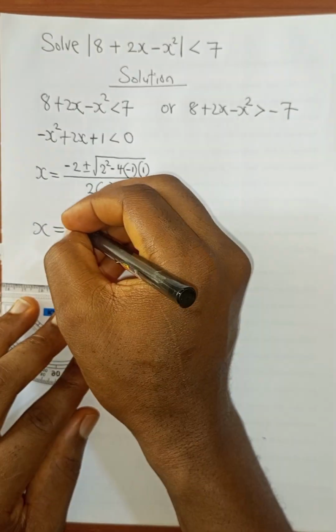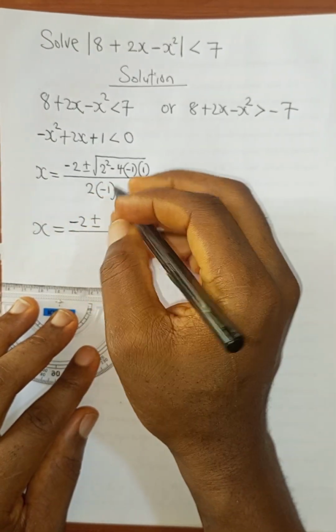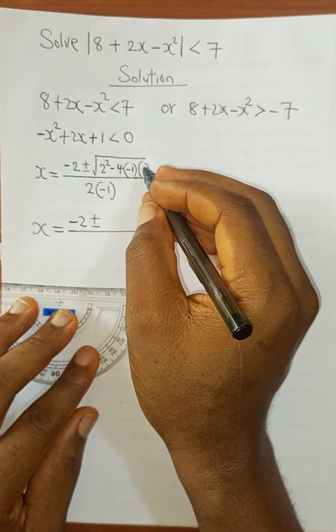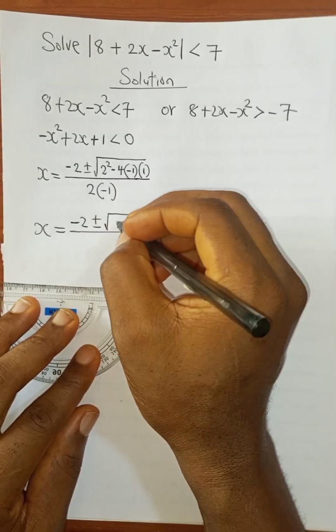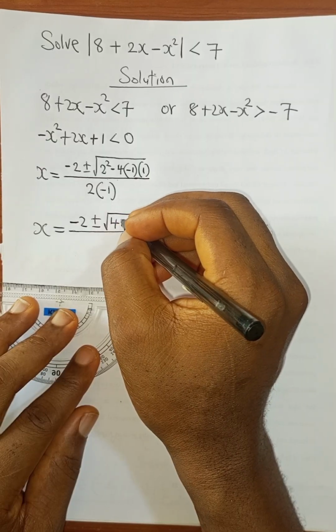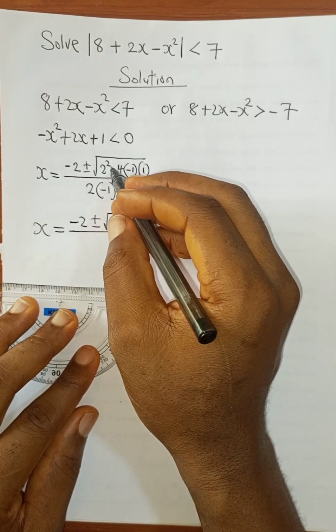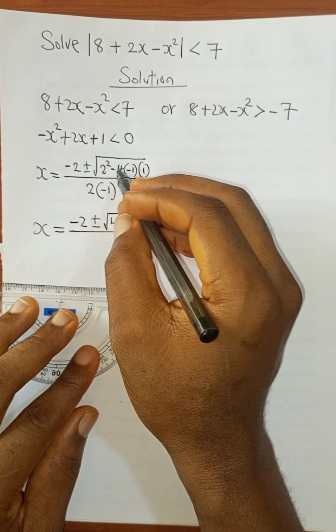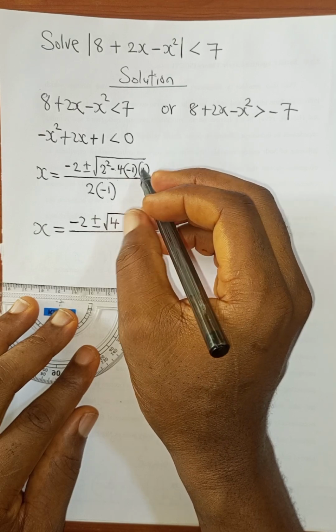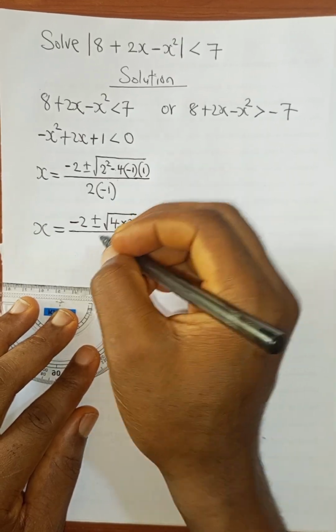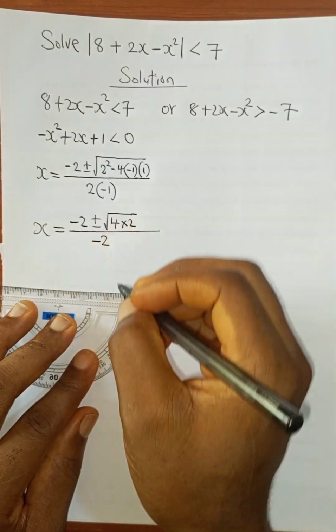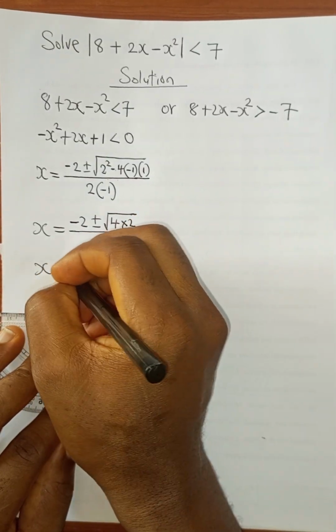Minus 2 plus or minus the square root of 4 plus 4, which is 8. That 8 is the same thing as 4 times 2. Let's not waste time with that. Divide by minus 2.